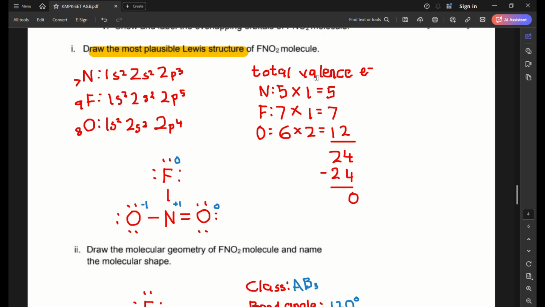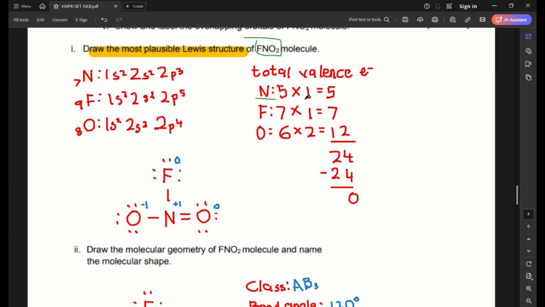As I said in the previous video, to determine the Lewis structure, you must first calculate the total valence electrons. Nitrogen has 5 valence electrons times 1, because there's only 1 in the molecule, so 5.